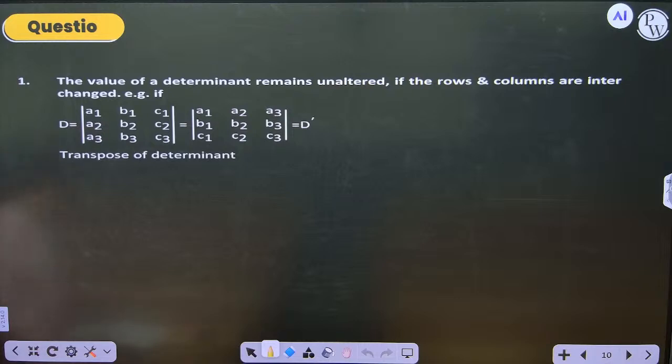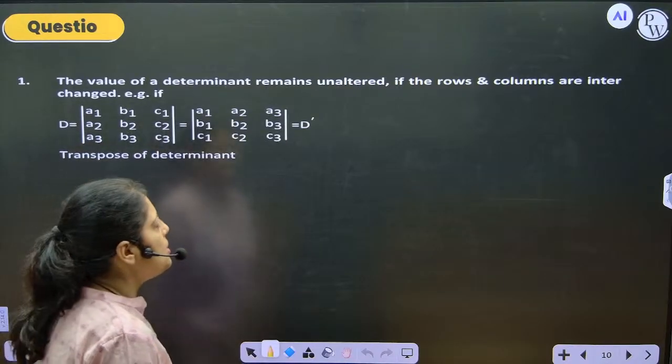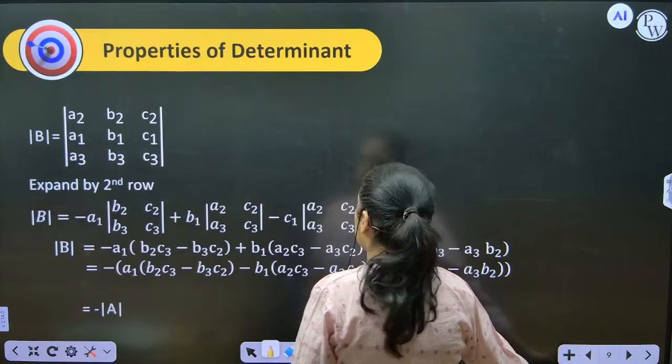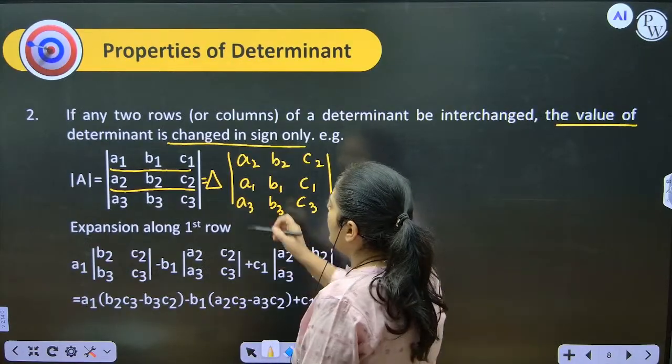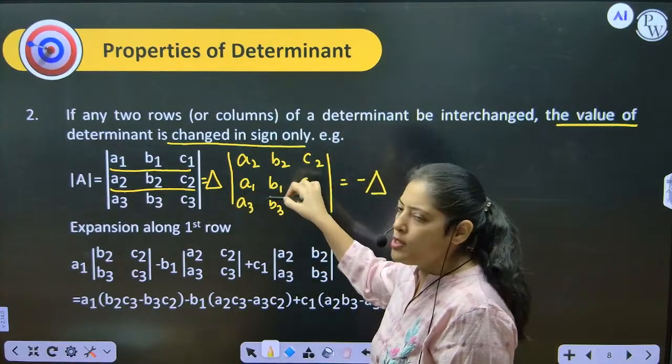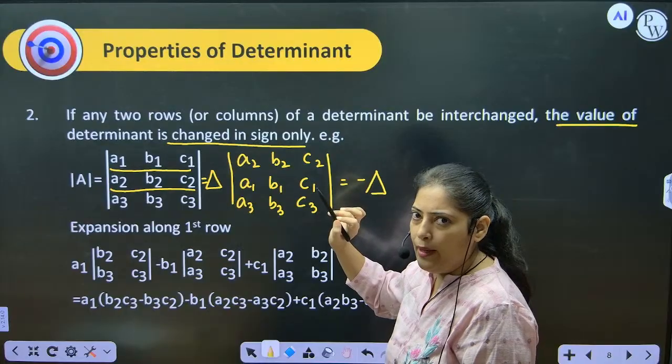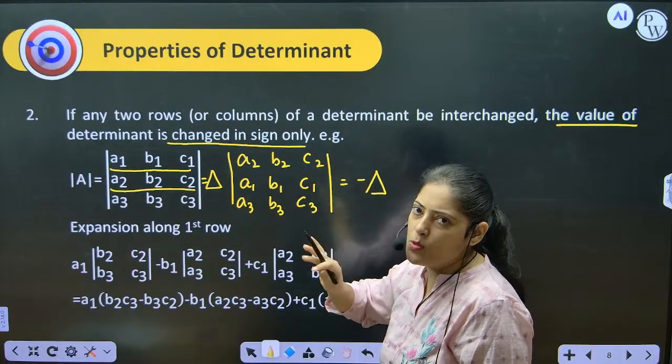Now what does it mean? We are talking, see, in this property, two rows were interchanging, or two columns were interchanging.